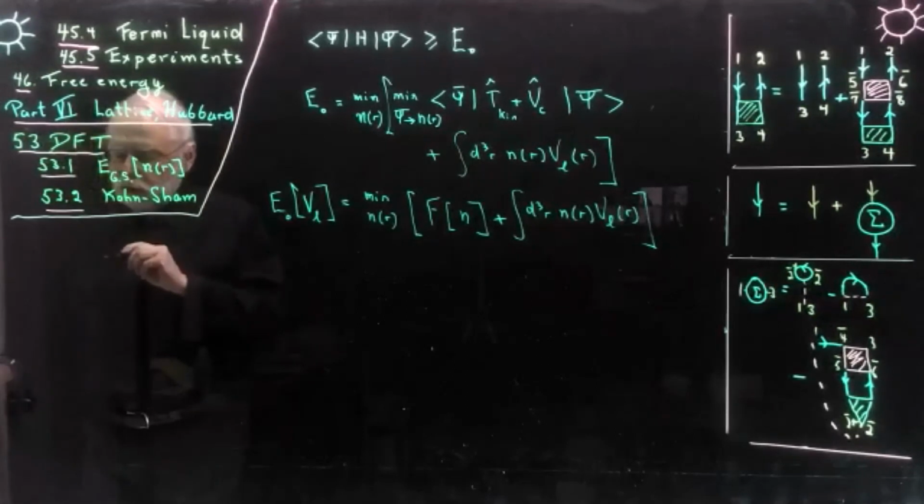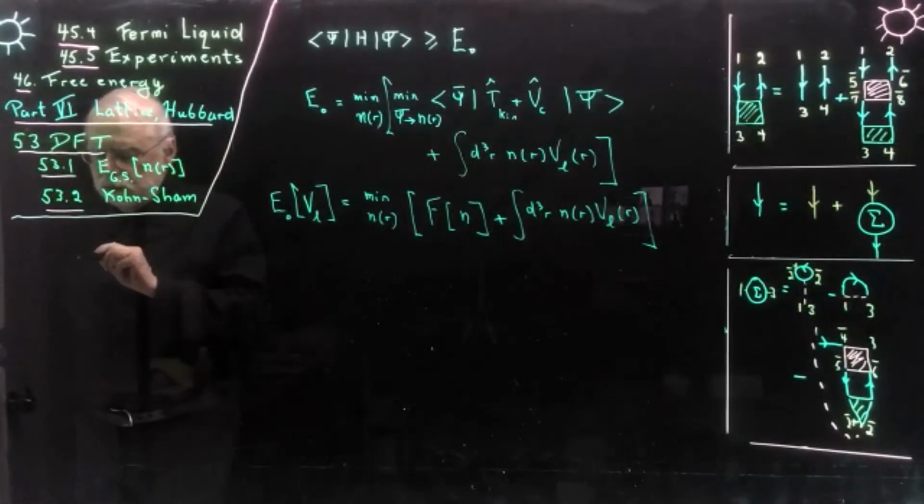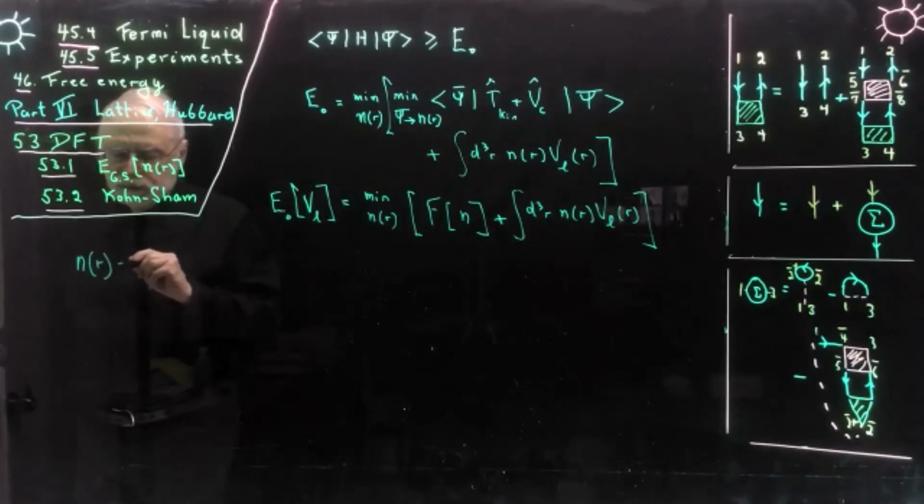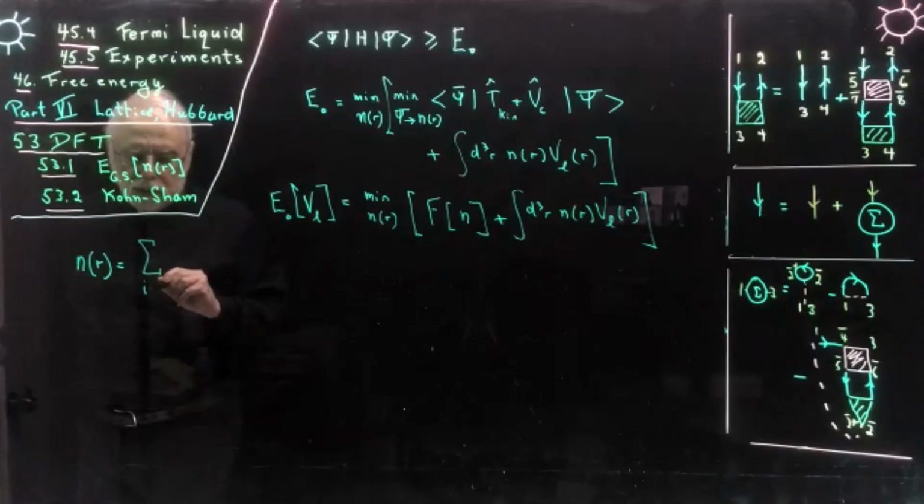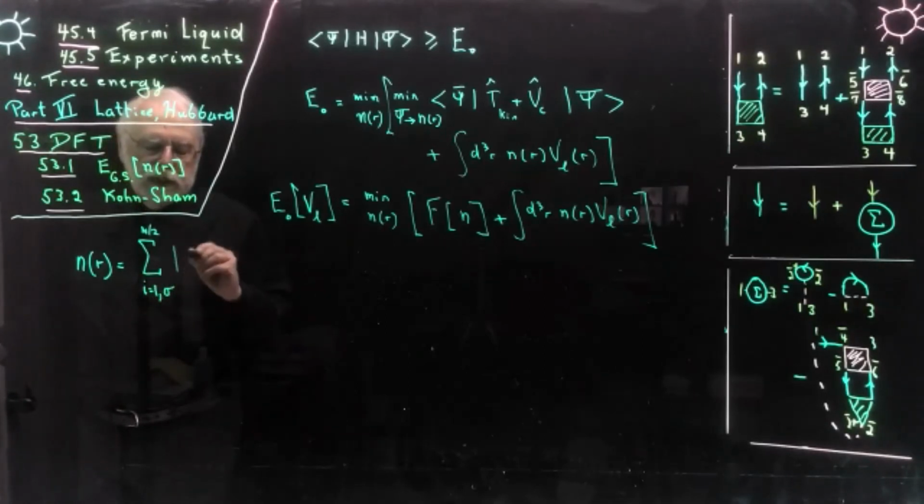So the idea of Kohn and Sham is to say that I will parameterize the density n of r as a sum over orbitals, and I will have N over 2 orbitals if there are N electrons, and I'm always working at 0 temperature here, and sum over sigma spin of the square of phi_i of r.